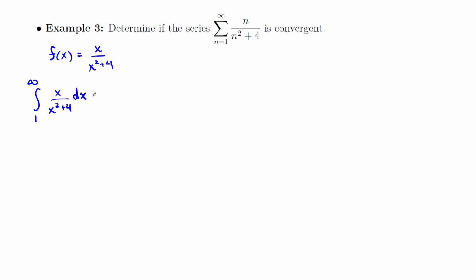Now, we know what to do here. We introduce this t and say the integral from 1 to t of x over x squared plus 4 dx, and we're going to let t go to infinity. All right, so now let's review some integration techniques, right?